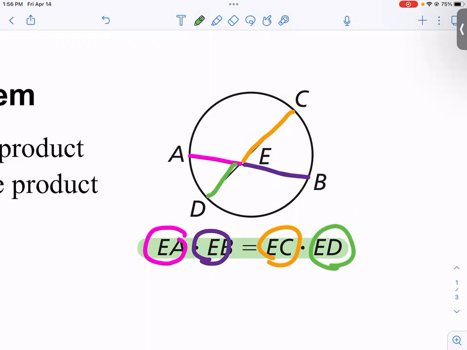The segments aren't equal, but what is equal about them? EA times EB equals EC times ED. Nothing is congruent, but the products of their segments are the same.